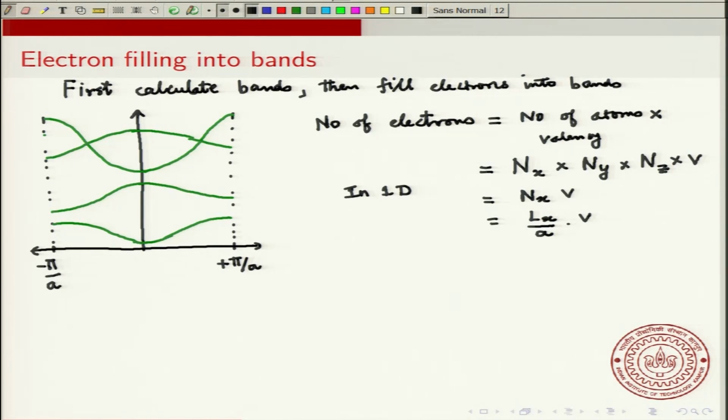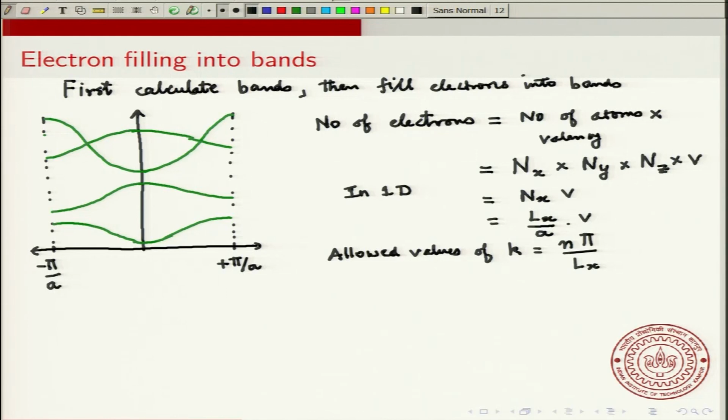So, now let's see what this looks like. So basically, this is the total number of electrons. Now, again we recall the allowed values of k is equal to n pi by Lx.